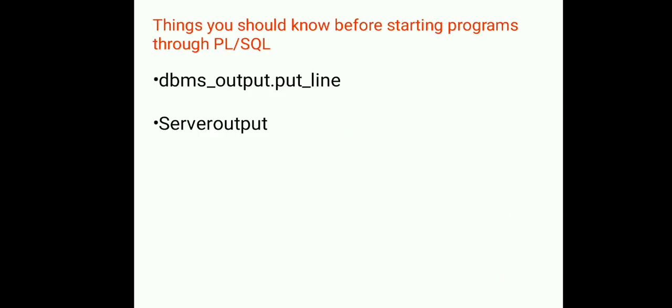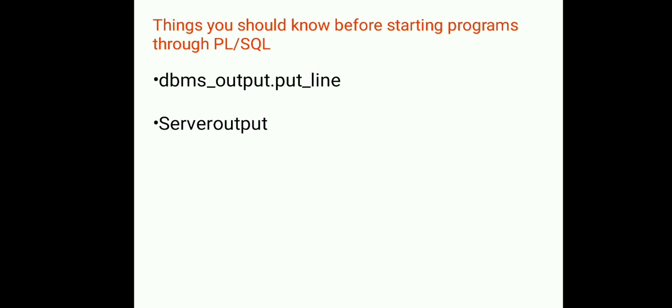Okay. Then one more thing you must know before starting the programming is what is DBMS underscore output dot put line. DBMS underscore output is a package that enables you to send messages from stored procedures, packages and triggers. And put line is a procedure that places a line in the buffer.